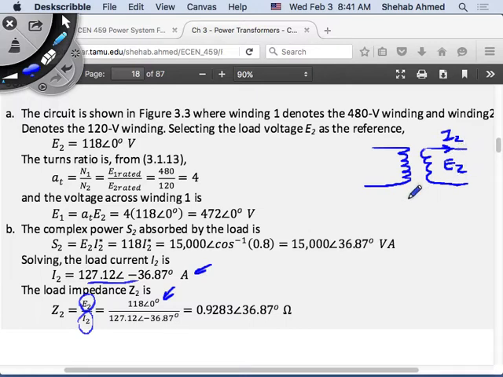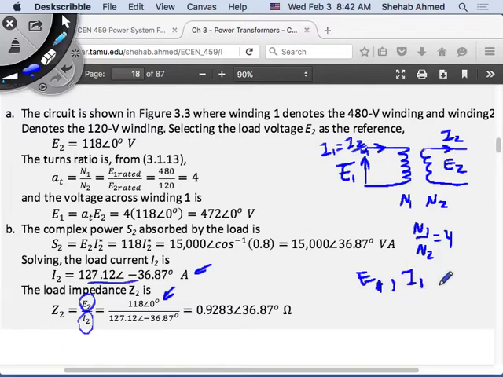I know this is N1, this is N2, and the ratio N1 over N2 is equal to 4. Then I should be able to find E1. E1 is equal to E2 times 4, and I1 is equal to I2 divided by 4. Exactly. So then I have E1 and I have I1.